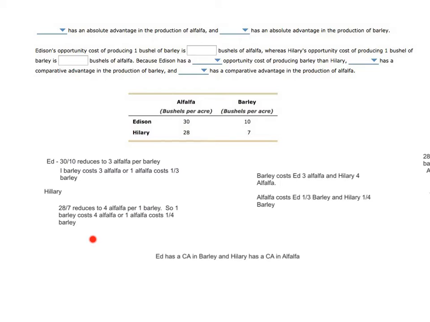So a bushel of barley costs 4 alfalfa, or the upside down of that is that 1 alfalfa costs a quarter of barley. So barley costs Ed 3 alfalfas, costs Hillary 4 alfalfas. That means Ed has a comparative advantage in barley. Alfalfa costs Ed 1/3 of a barley, only costs Hillary a quarter of a barley. So Hillary has a comparative advantage in alfalfa.